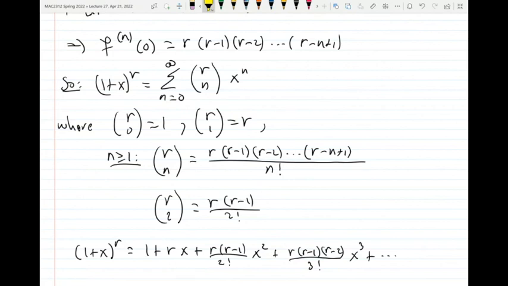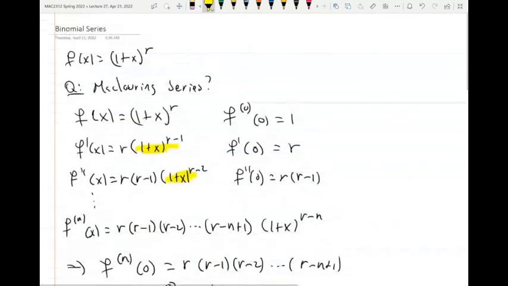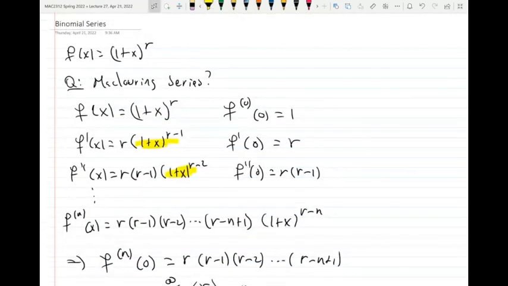Earlier you've been going over the derivatives of 1 plus x to the r power. You had the derivative equals r times 1 plus x to the r minus 1. Yes. And plugging 0 in for x, you got r. Yes. In all of these things, you always have 1 plus x to some power, but when you plug in 0, that's just a 1.